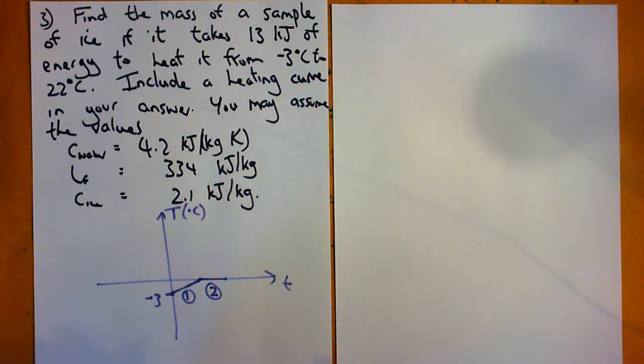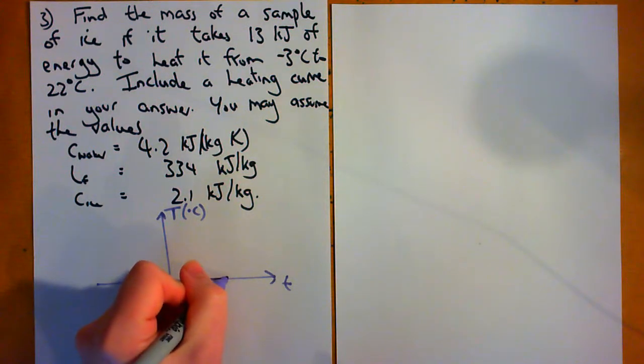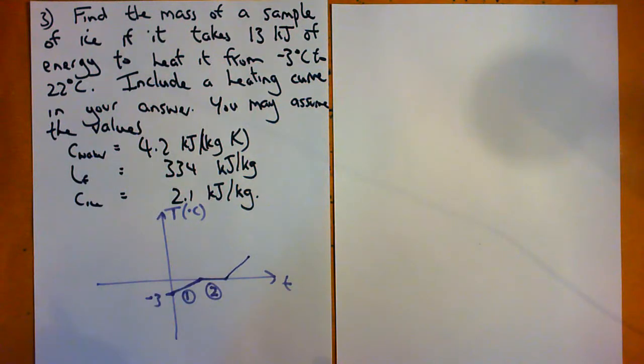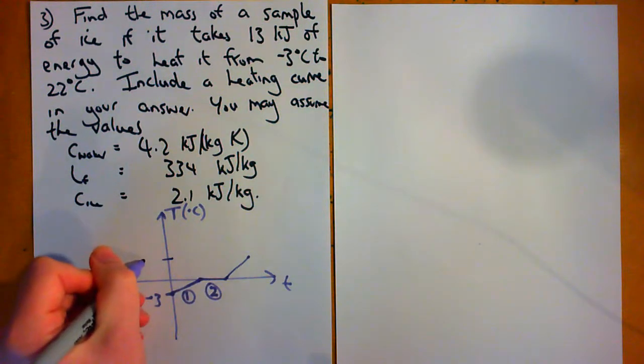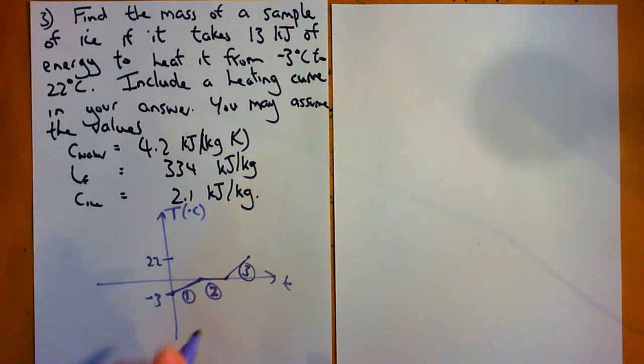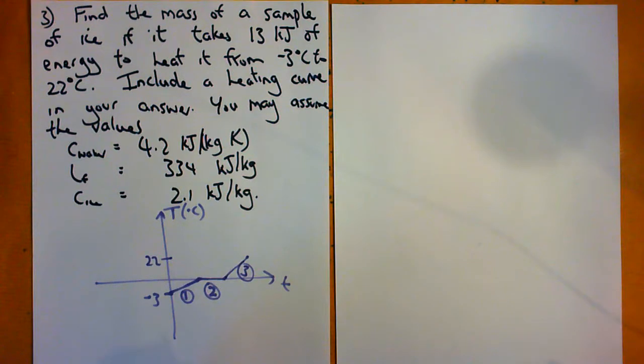And as it does so, there will be no change in temperature. So the temperature is constant for that stage. And then once it's all melted and become liquid water, it's going to heat up to... For this question, we're only interested in going as far as 22 degrees. So we're only interested in 3 stages here.